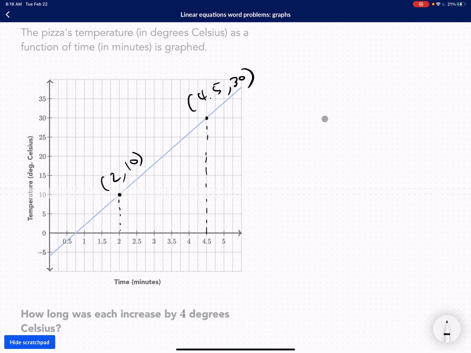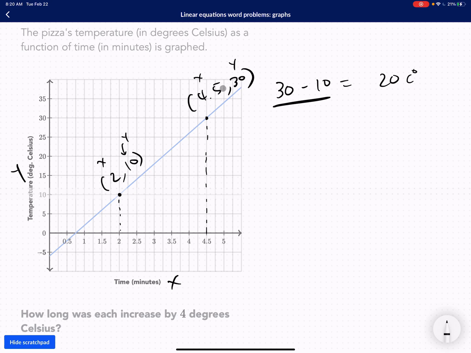Let's see the temperature. This is the temperature, my y, and this is my x. How much temperature change has happened from 10 to 30? The way that we find any change is we just subtract the two numbers. So 30 minus 10 is 20. So 20 degrees Celsius has changed, over, remember, rise over run.